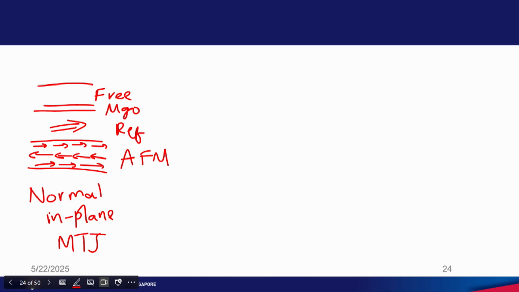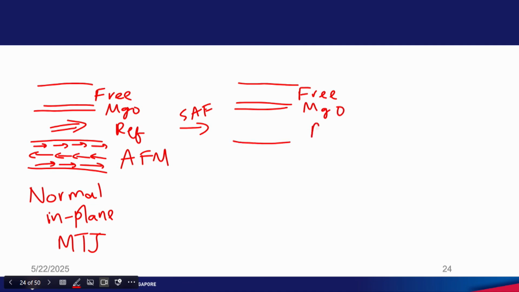Okay, so when I introduce synthetic antiferromagnetism, you are getting confused. Synthetic antiferromagnetism based MRAM also has everything similar. So we have a free layer, you have magnesium oxide, you have a reference layer, then you have an AFM layer.